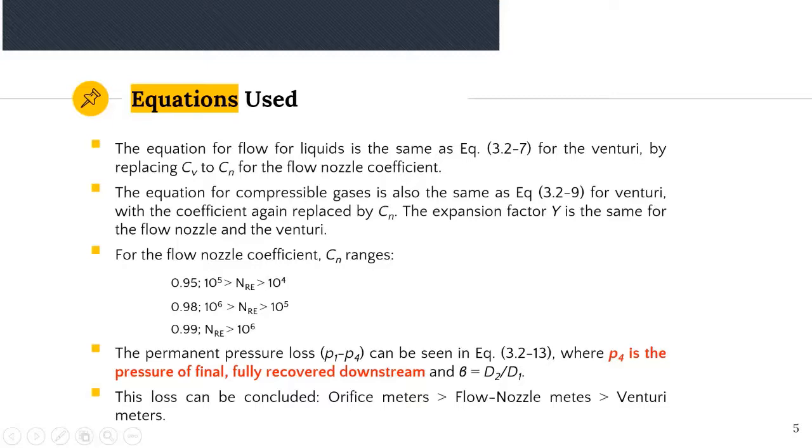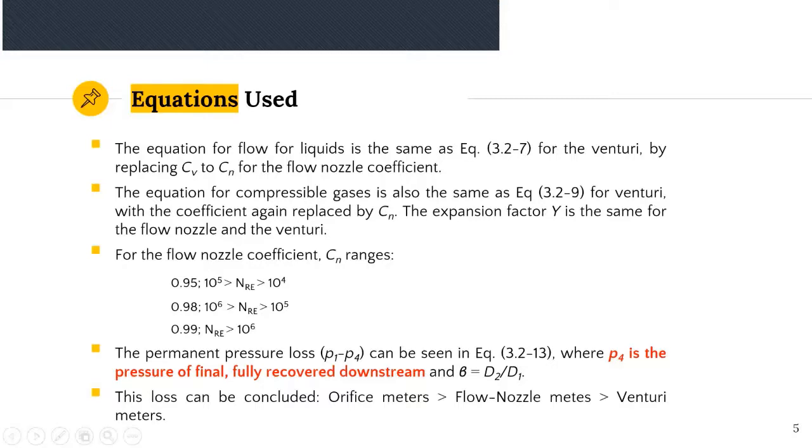The expansion factor is the same for the flow nozzle and the venturi. For orifice, it is a little bit on the top, while for venturi it is a little bit down. For flow nozzle, it's the same as the venturi. So everything is just the same as venturi, but you have to change the CV into Cn, and the expansion factor is also the same as the venturi.